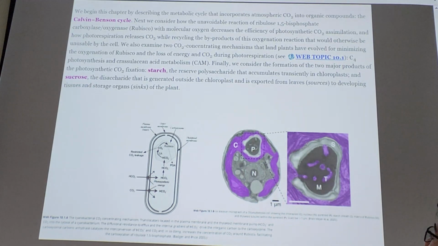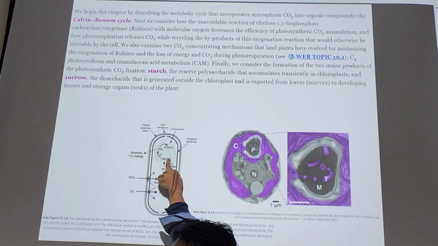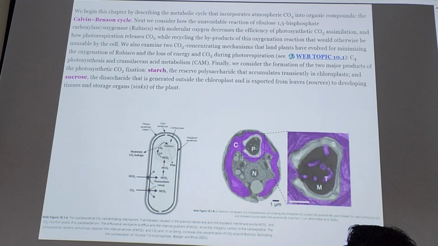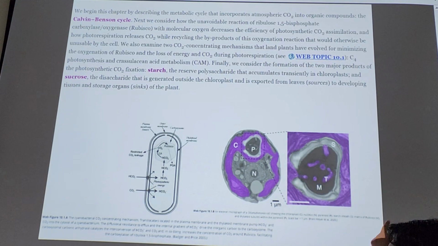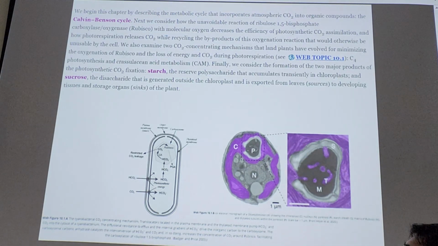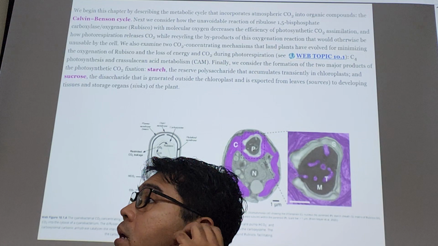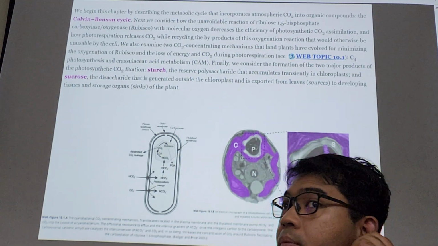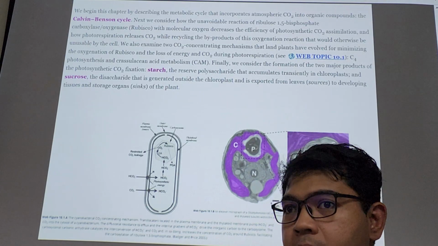Chlamydomonas does not have the carboxysome, but it has something else: the pyrenoid. What is this pyrenoid? Depending on the photosynthetic organism, they have different strategies to concentrate the carbon.